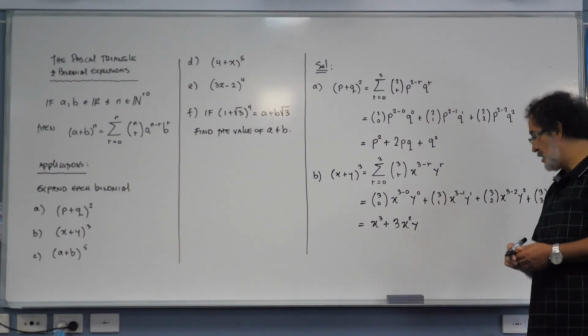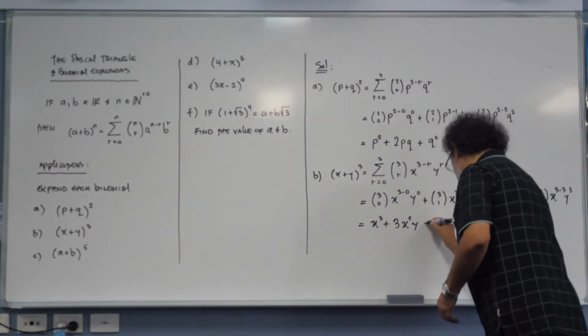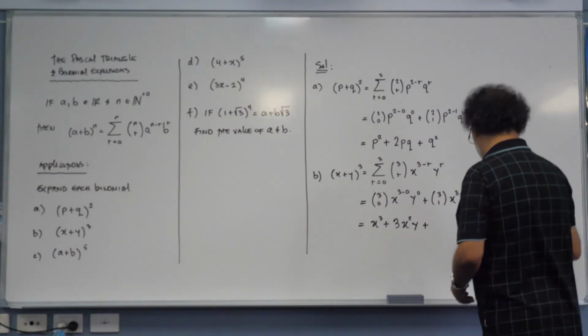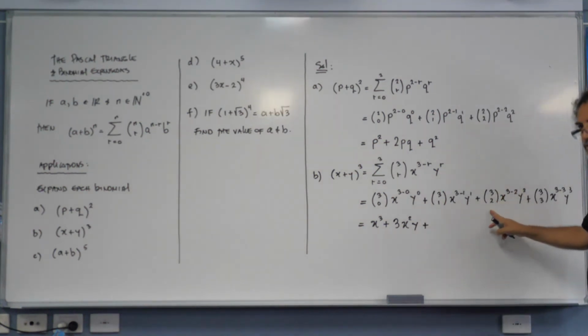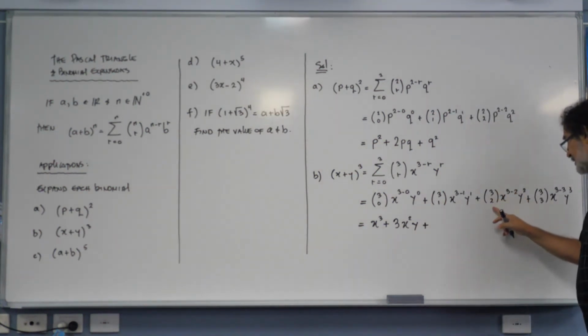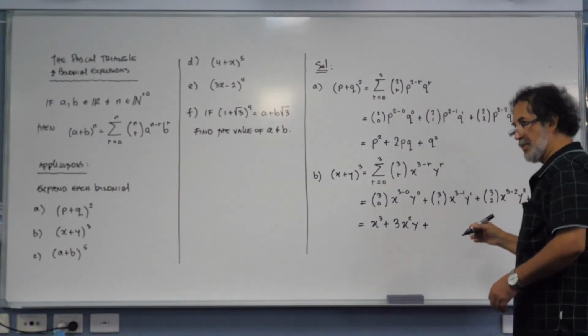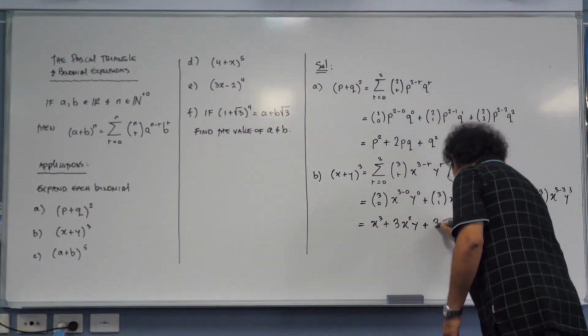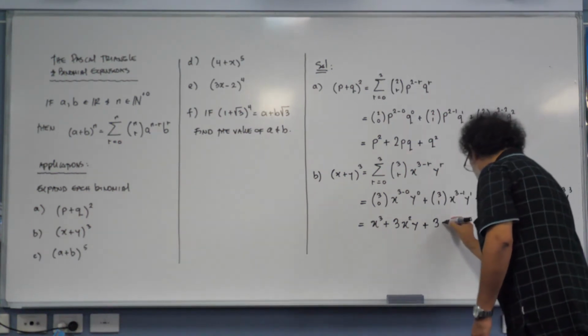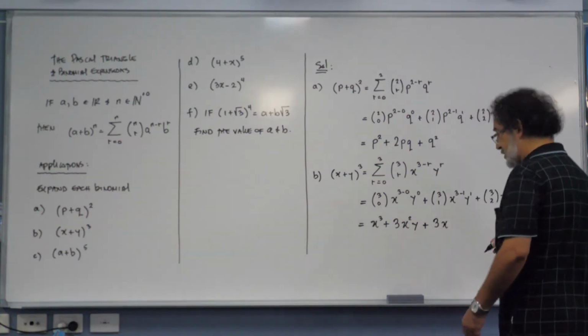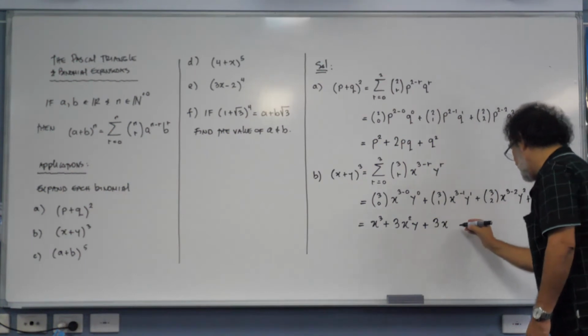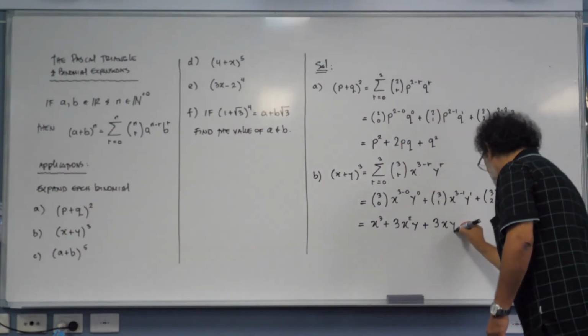And then the next one, plus 3C2, or 3K2, is going to be equal to 3 again. But then the power of x will decrease to 1, and the power of y will increase to 2.